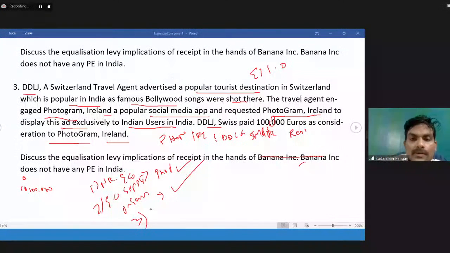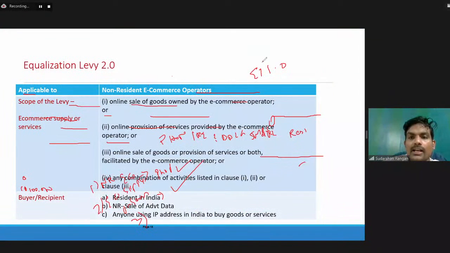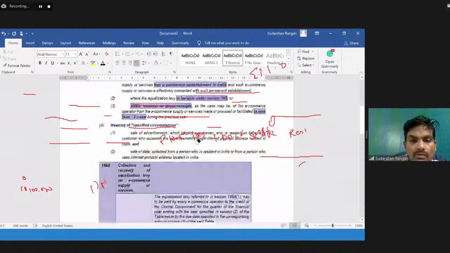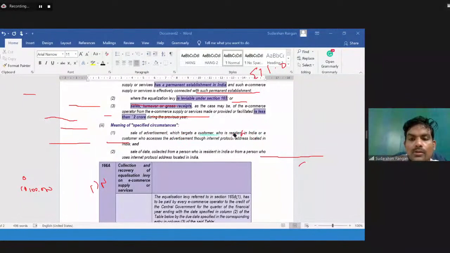Now third, here we have one more criterion. We saw sale of advertisement, data belonging to Indians. This is very important. This is what I wanted to highlight here. Here they are saying if the non-resident sells advertisement which targets a customer who is resident in India and who accesses the advertisement in India.